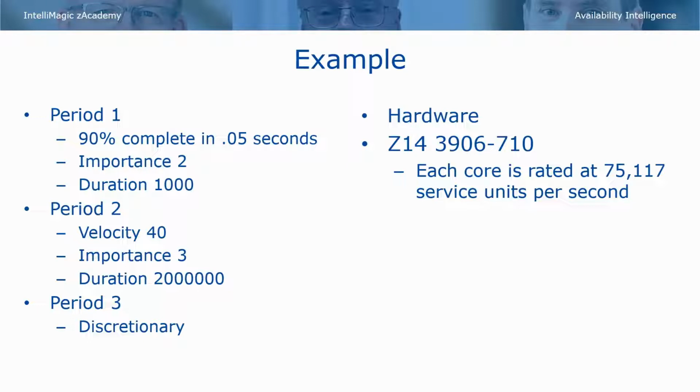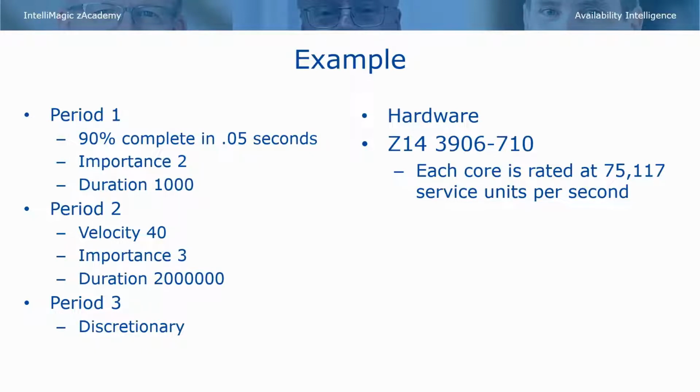And then the third period drops to discretionary. So if you've consumed 2,001,000 in total weighted service units, and your transaction is still running, you're going to now be in discretionary. The idea being, if you consume less than that, you won't ever get to discretionary. You'll complete before you get there.